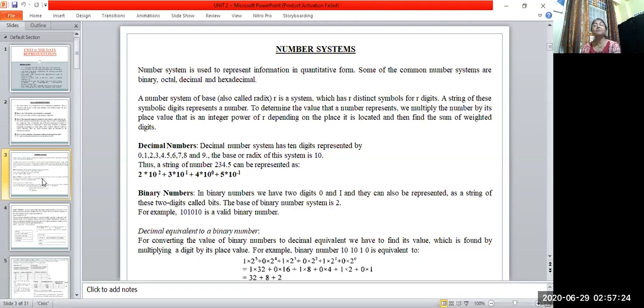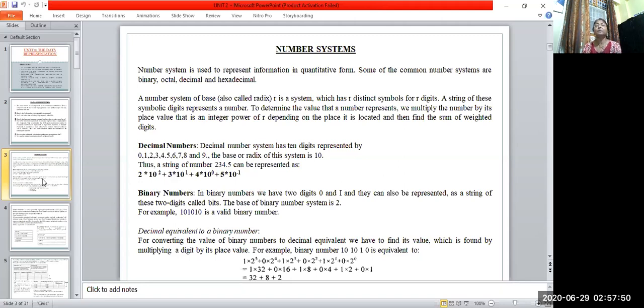We will put the weight of each digit. What is its positional weight? And we will multiply each digit by its positional weight. We will get a partial product for each symbol, and after adding all those partial products, we will get the actual value of the number. So here, 234.5. What is the partial product of 5?